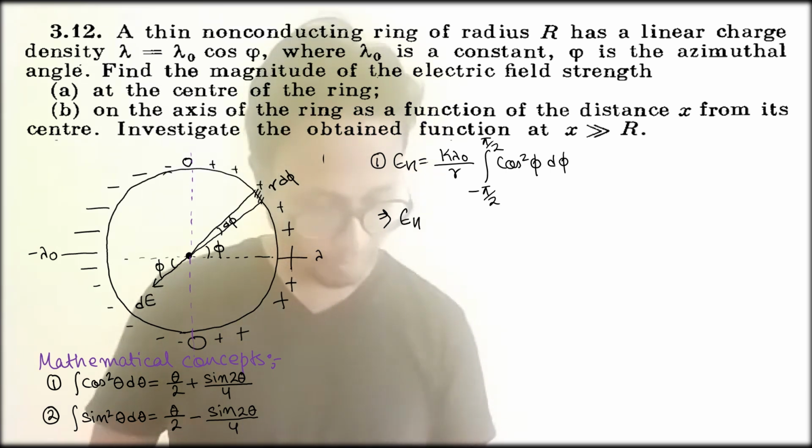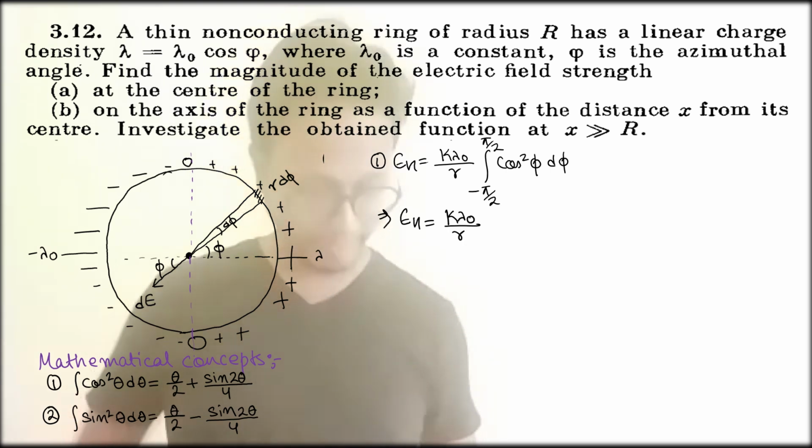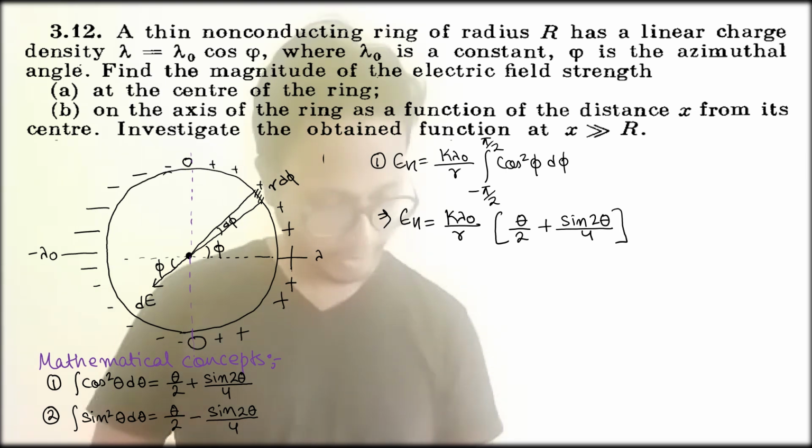So the horizontal component of electric field due to the semicircular ring is k lambda by r into theta by 2 plus sine 2 theta by 4. The limits of integration are minus pi by 2 to pi by 2. Now just solve this limit.